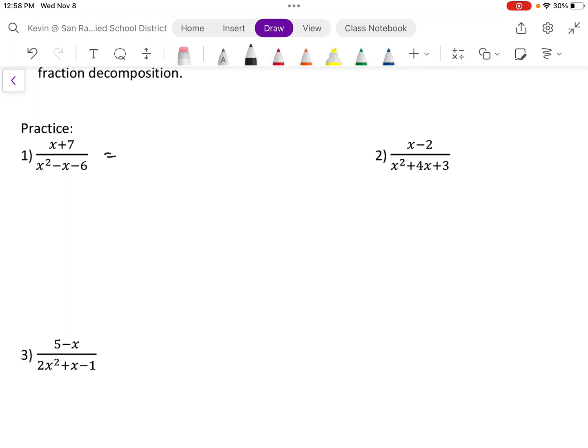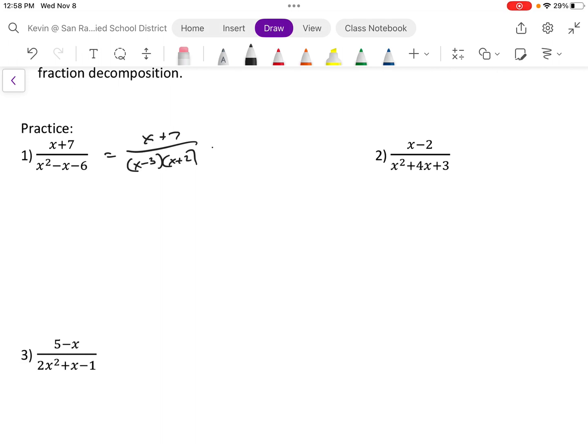So step 1, x plus 7, and I'm going to factor the denominator: x minus 3 and x plus 2.